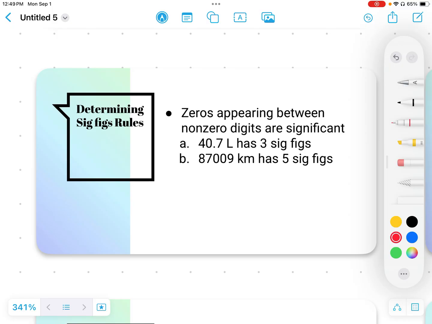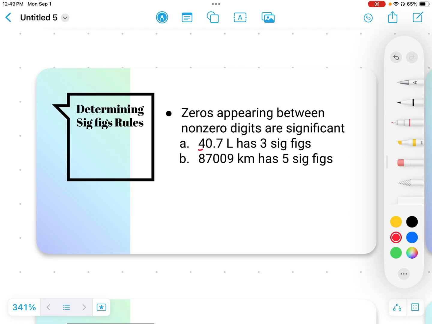If we look here, it says zeros appearing between non-zero digits are significant. Again, non-zero digits are numbers 1 through 9. Looking at A, for an example, we have 40.7 liters. Since this 0 is sandwiched between 7 and 4, it becomes a significant figure.